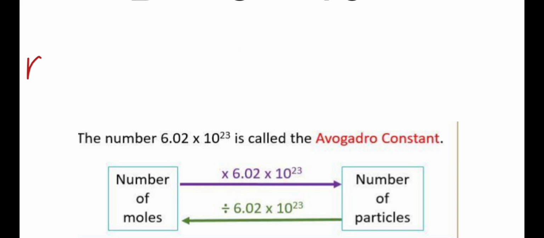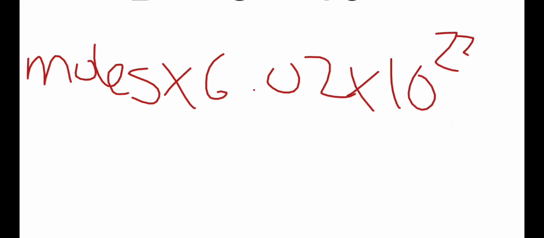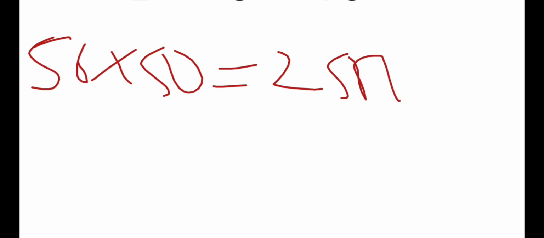Okay, so it's moles times 6.02 times 10 to the power of 23. So that's the formula to find the number of atoms, the number of particles in a certain number of moles of a substance, right? So if I have 50 times 50, which is 2,500 grams, how many moles of that do you think I have?